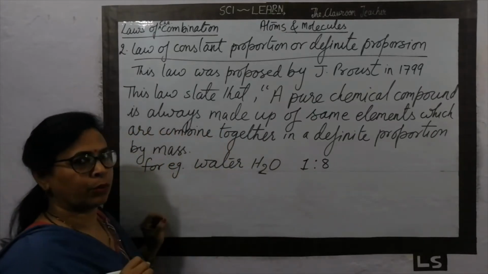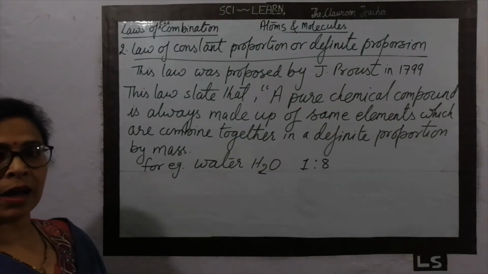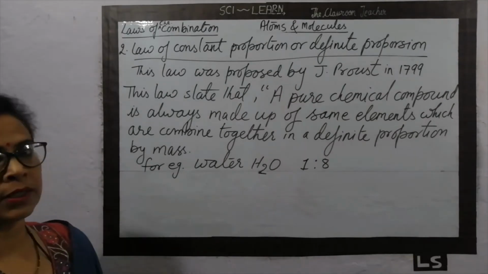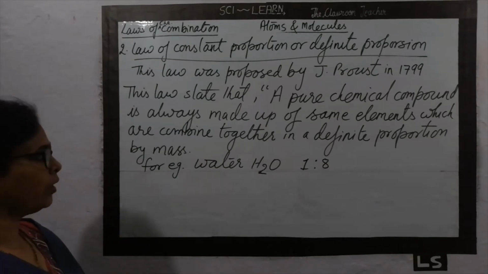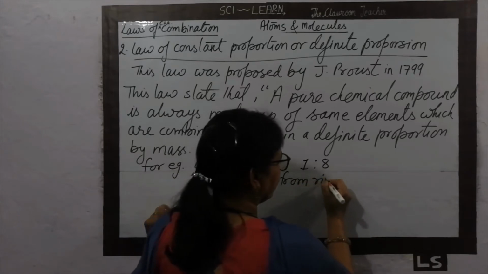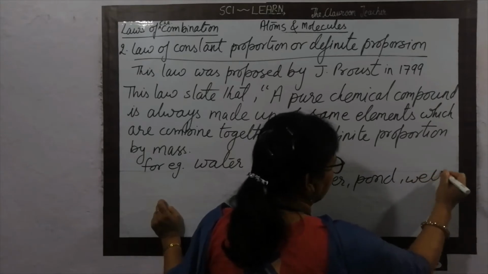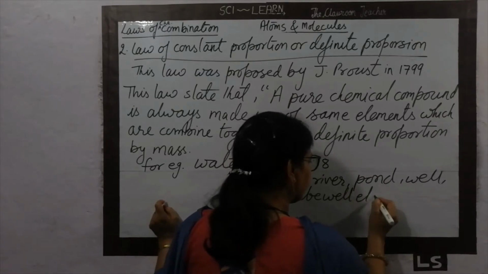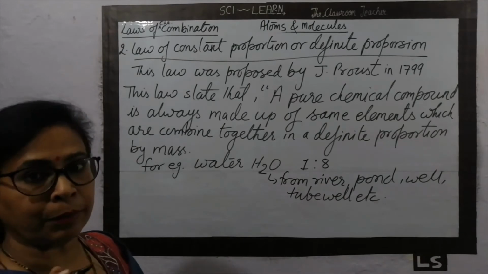It is fixed whether this water is collected from any source, from the river, tap, RO water, pond water, well or tube well. Whatever the source, the formula, the composition, the combination and the mass ratio never change.